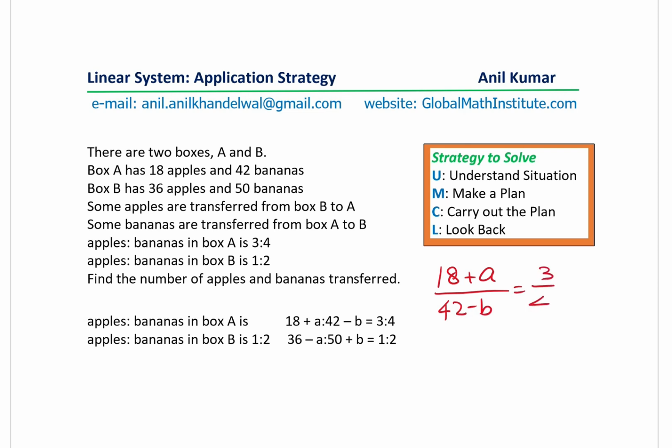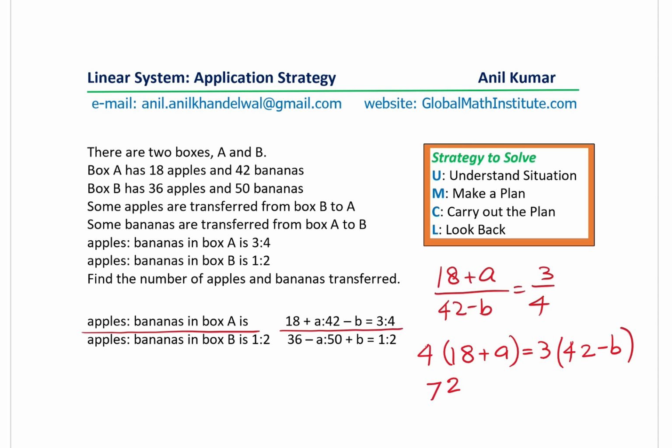So we can cross multiply and write this as 4 times 18 plus A equals 3 times 42 minus B. That gives you an equation in A and B, correct? So when you multiply, 18 times 4 is 72.